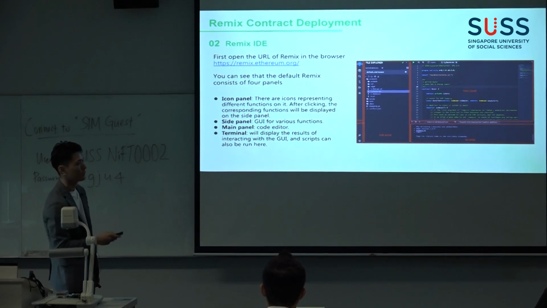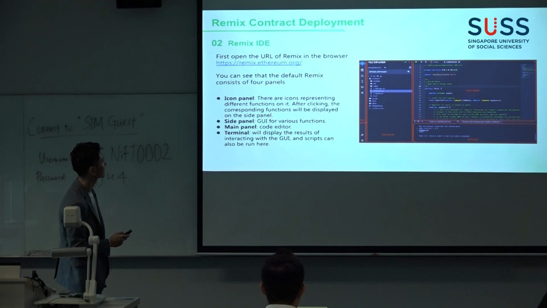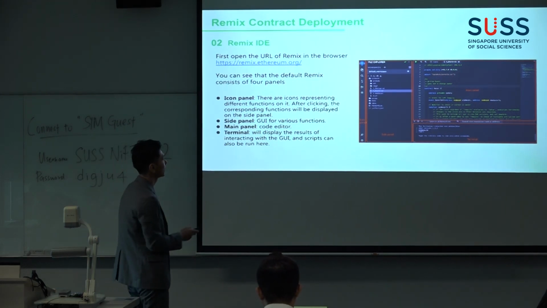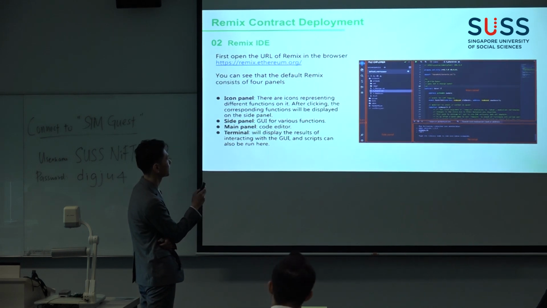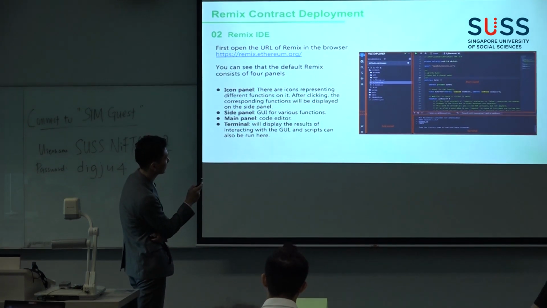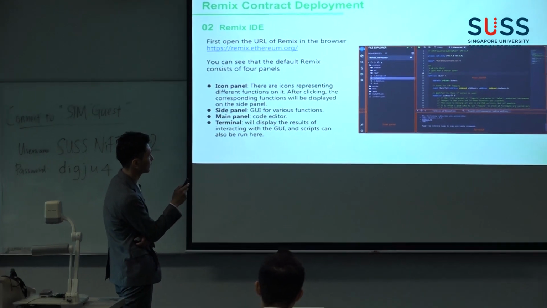We can open Remix by going to this address in the browser. Just a quick introduction. The leftmost panel is the icon panel. There are icons that represent different functions. The second part is a side panel, which is basically a layout of your workspace. You can see your contract files and directories there.